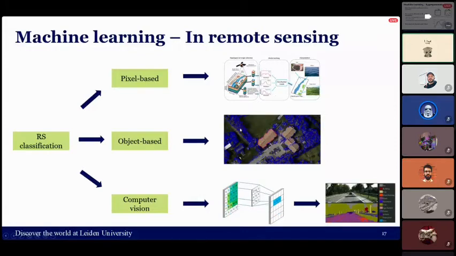Object based is the same plus some morphological information that is automatically detected. Computer vision is totally different, and it's mostly based on the morphology of the objects. It can also be integrated with spectral information. Of course, all these things can interact with each other, but these are the three trajectories of classification, with computer vision being the most recent.